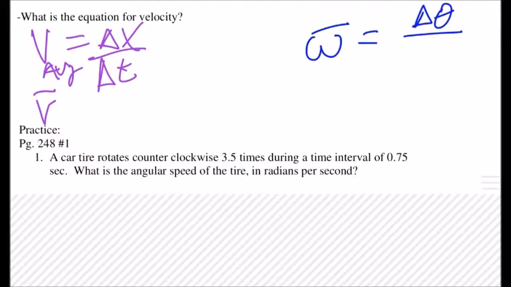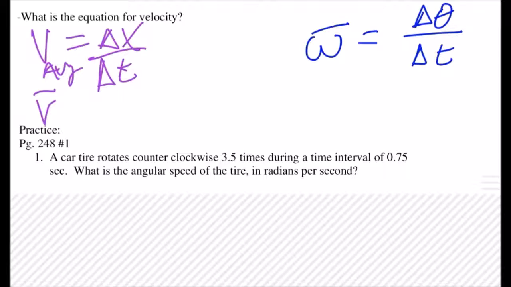Now, in the linear system, we have time. What do you think it is in the angular system? Time, because it's a scalar, and a scalar has no direction. It doesn't care what system you're in, translational or rotational.